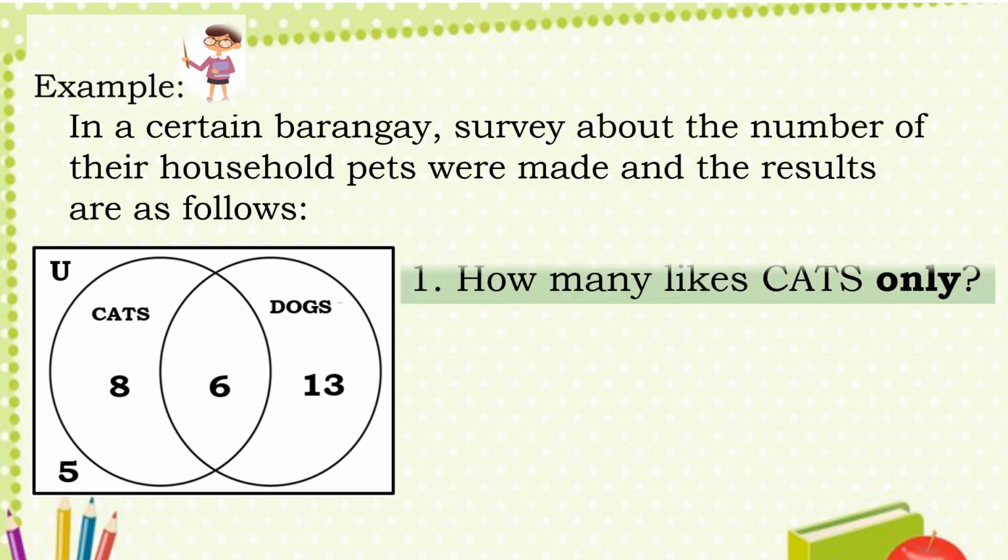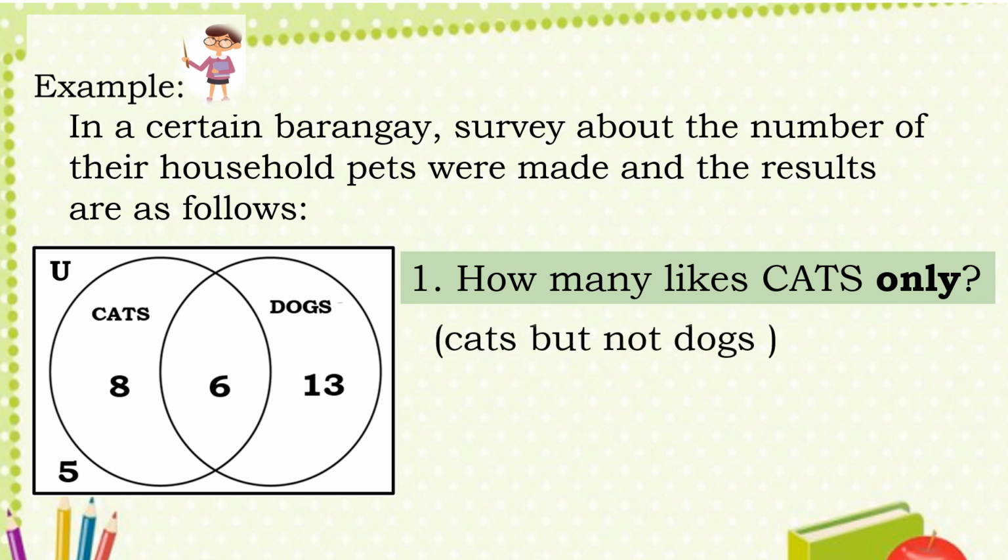First question: how many like cats only? When we say cats only, we are referring to the number of those who have cats but not dogs as their household pets. In that particular case, I have here this particular section. Therefore, the answer is 8.